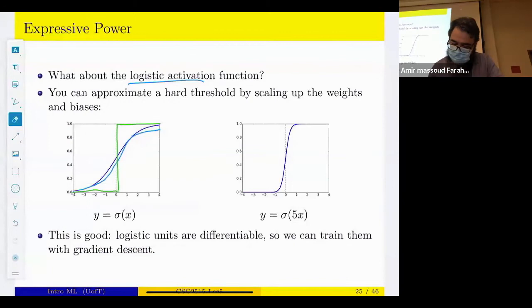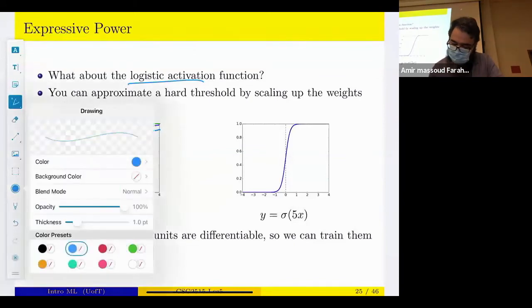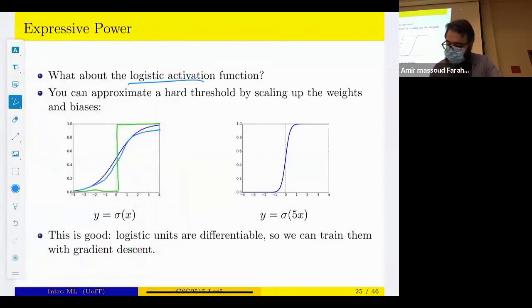And if instead of, for example, sigma of x, we compute sigma of 5x, this looks more like a hard threshold. And as you make it larger and larger, it becomes closer to a hard threshold function. So this basically shows that we can approximate a hard threshold by just changing the weights.